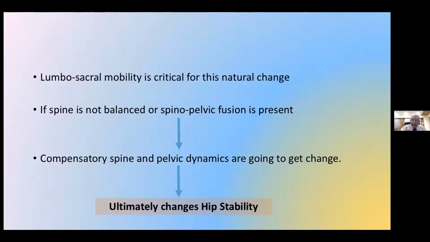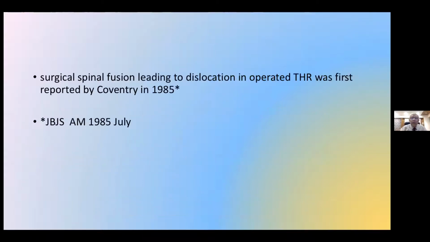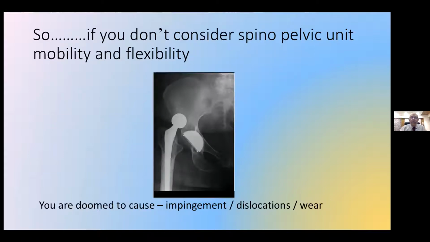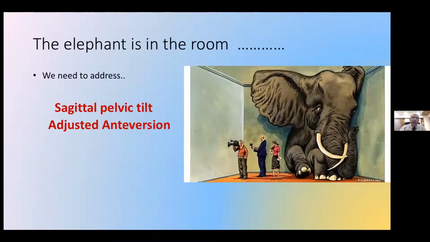As I said, when you sit, the acetabular anteversion increases, which is not going to happen because of the fusion. And way back in 1985, Coventry reported that surgical spinal fusion led to dislocation in operated THR. This was reported at that time. So if you don't consider spinopelvic mobility and flexibility, you are doomed to cause impingement, dislocation, and wear.